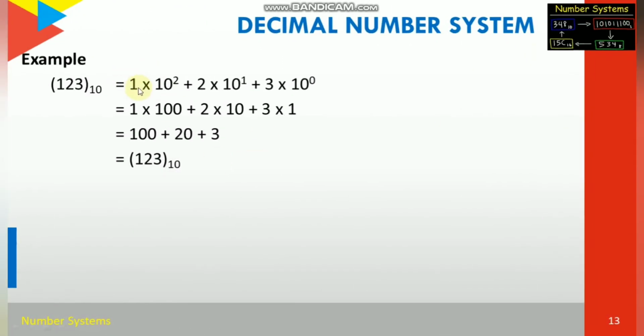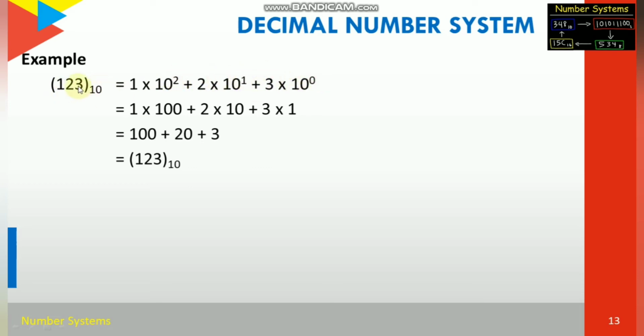So in this example, each digit is multiplied by 10, for example, 1 into 10 to the power of 2. This power is nothing but the weight of each number.